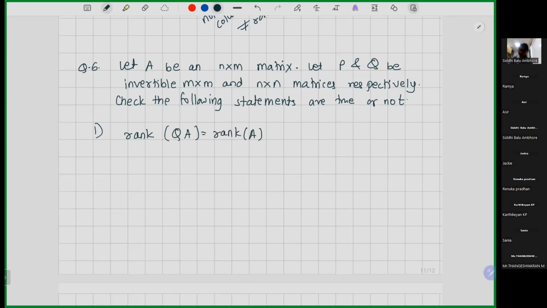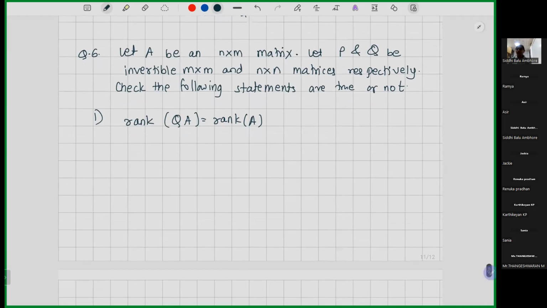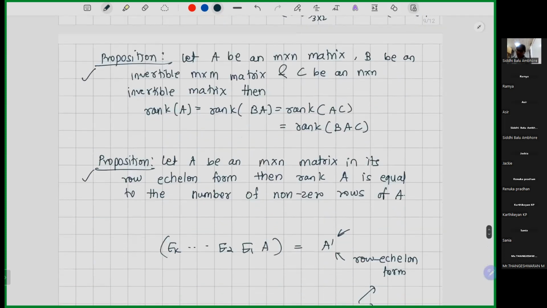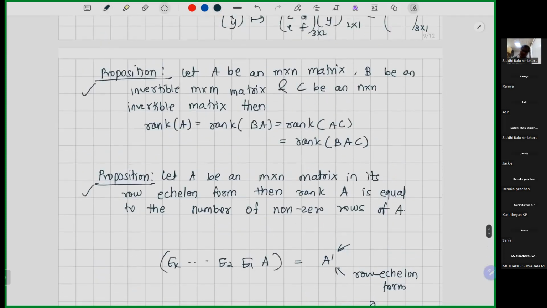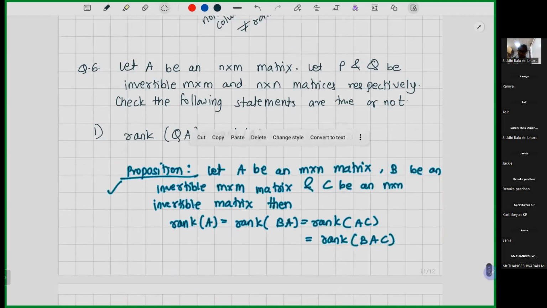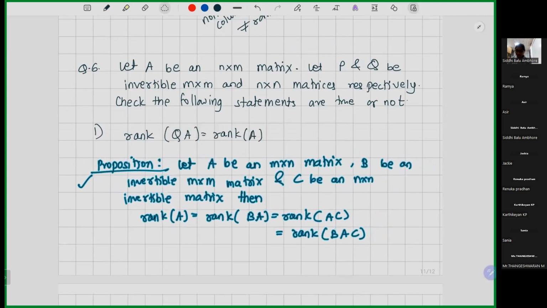And what is your guess? Q is an invertible matrix. So they are asking whether rank of QA is equal to rank of A or not. Any guesses? Observe that we wrote a statement just a few minutes back, which gave us information about how the rank behaves when we multiply a matrix by some invertible matrix.